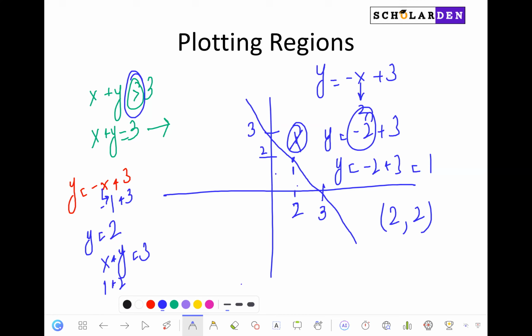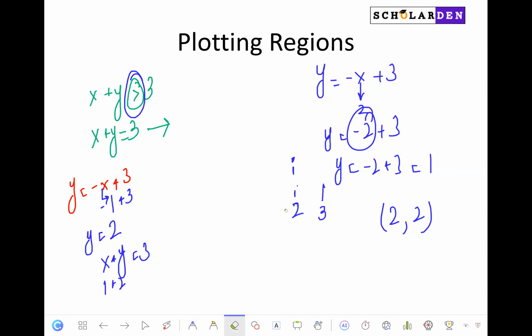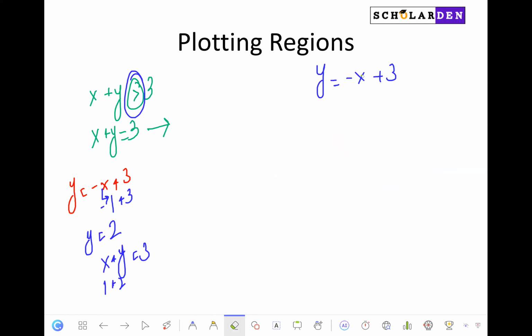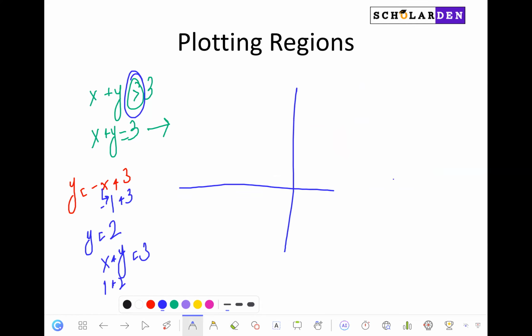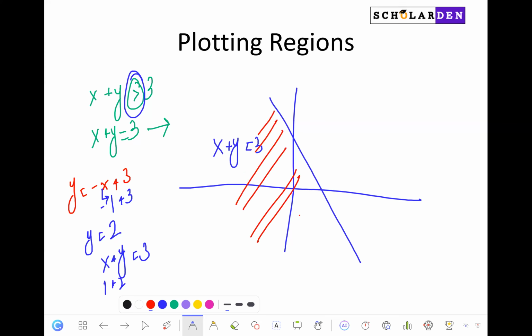What I'm trying to explain right now is that this line marks the boundary. And what I was just trying to show you is that for all the points that are below this line, the value is going to be 3, or it's going to be less than 3.